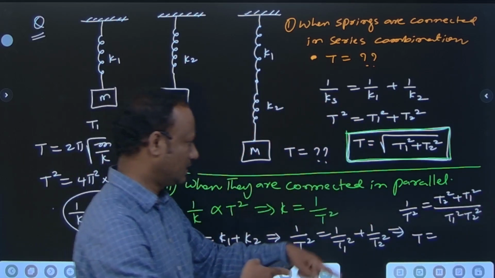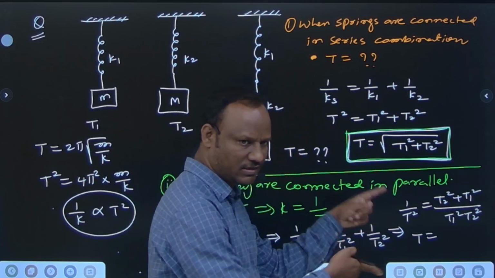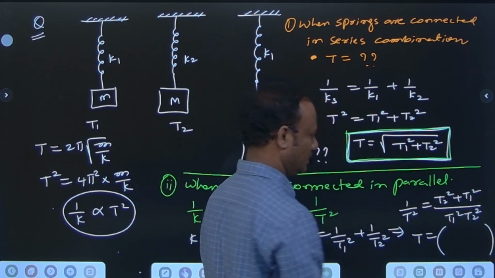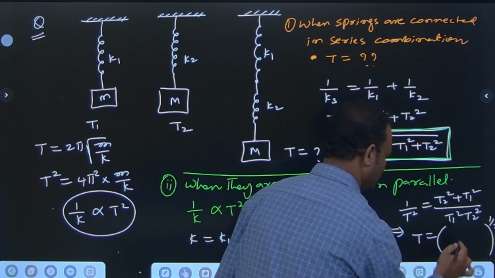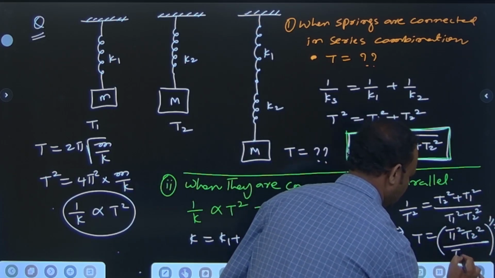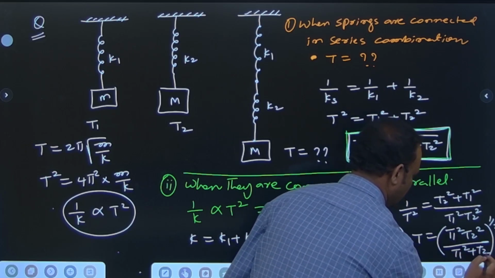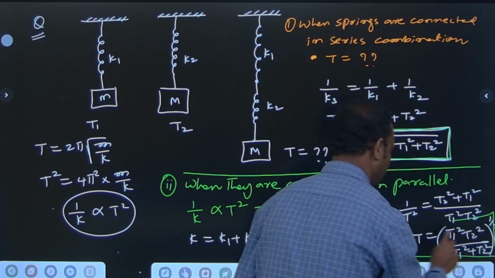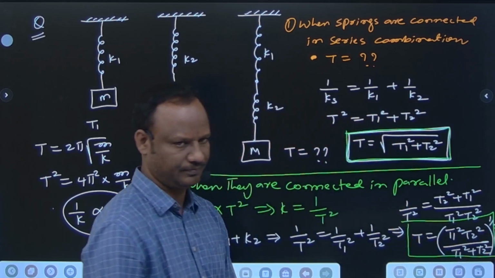Taking the reciprocal, T is equal to the whole to the power of 1 by 2 of T1 square T2 square by T1 square plus T2 square. Such a very important relation.